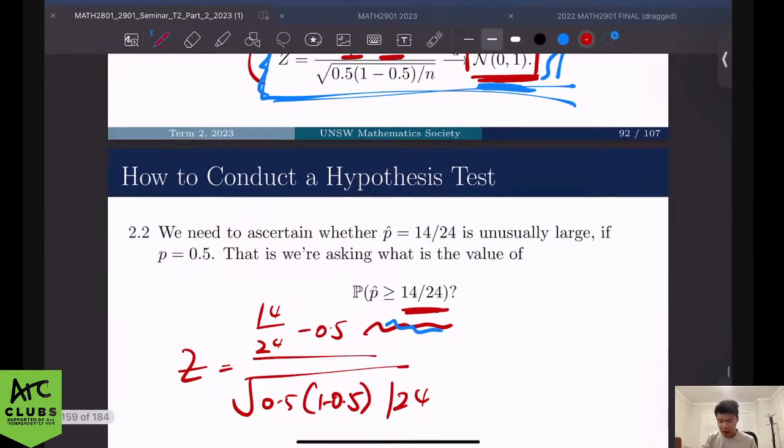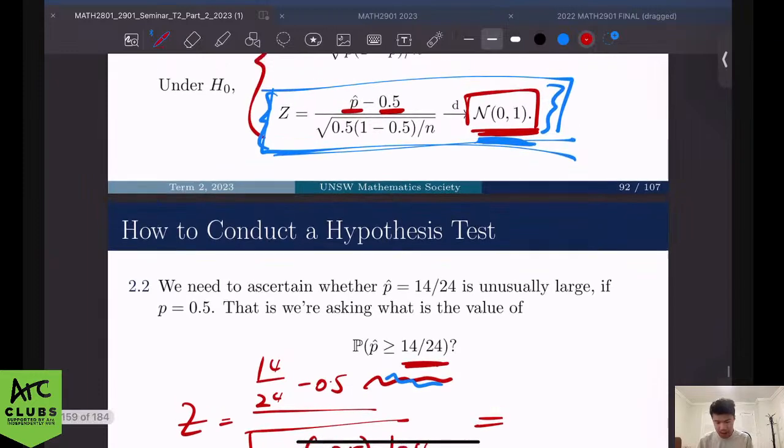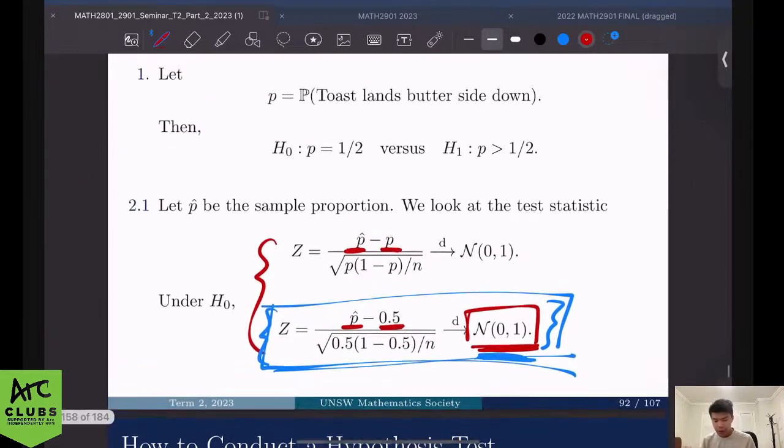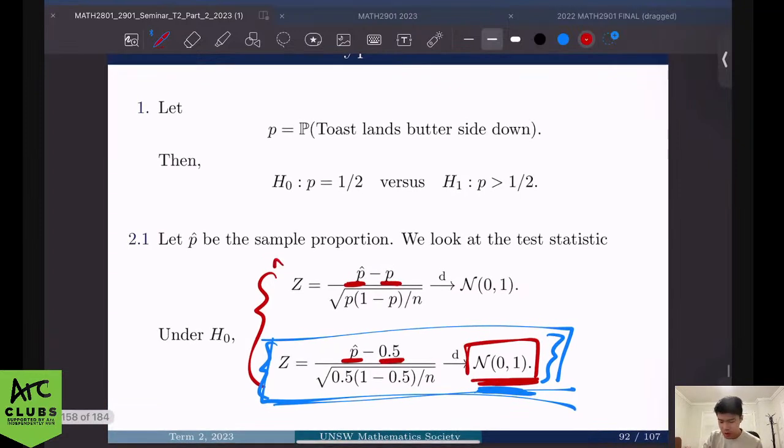What value do we get for that? If that thing is very big, then we will reject. In this case, we're using a slightly different test statistic from what I said before, but the reason we do this is just to reduce it to a normal distribution, so we can calculate probabilities more easily. But the essential question still holds.